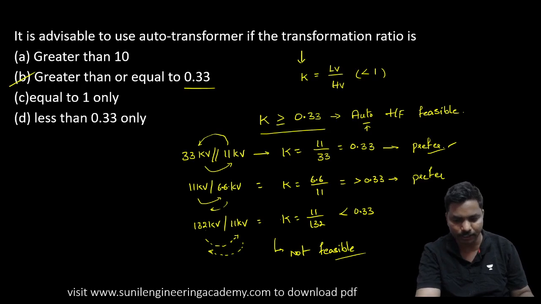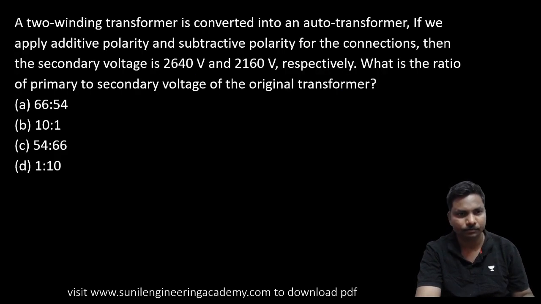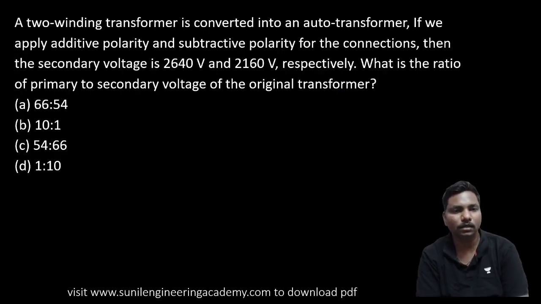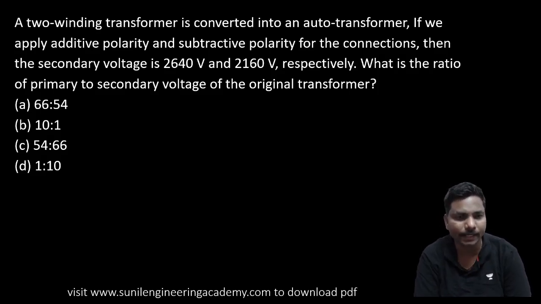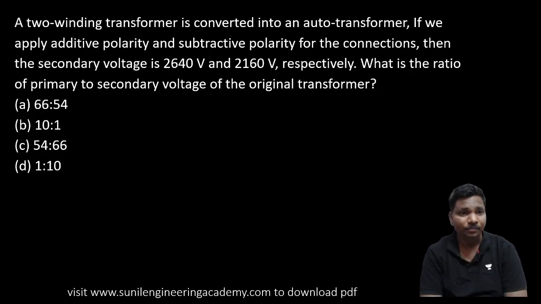Coming to the next question, guys. A two winding transformer is converted into an autotransformer. If we apply additive polarity and subtractive polarity for the connections, then the secondary voltages are 2640 and 2160 volts respectively. What is the ratio of primary and secondary voltage of the original transformer?